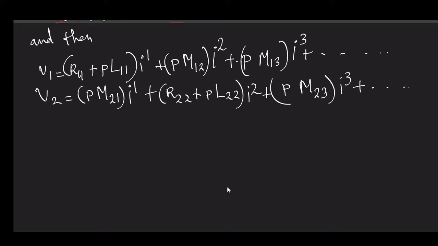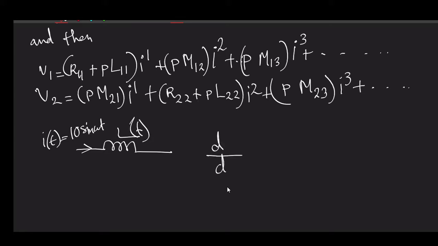If you are not getting it, let me tell you, if we have an inductance L and current i(t) equal to, say, 10 sin omega t, then what will the voltage be? If the inductance is L(t), then the voltage will be d/dt of L(t) i(t).